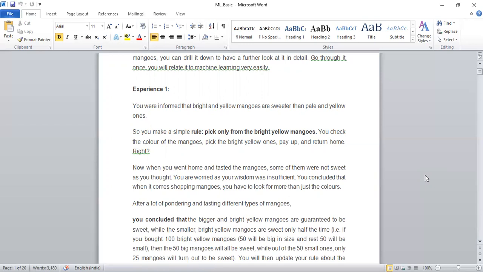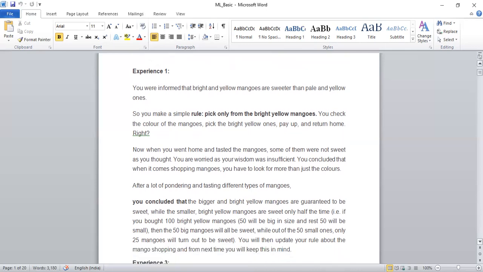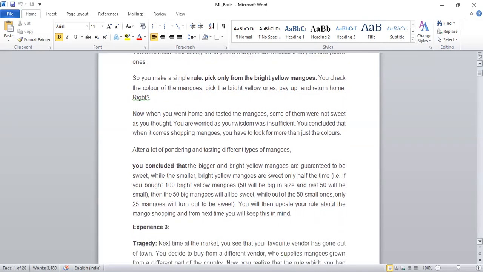You have understood the same. After a lot of pondering and testing different types of mangoes, you concluded that the bigger bright yellow mangoes are guaranteed to be sweet, while the smaller bright yellow mangoes are sweet only half the time.